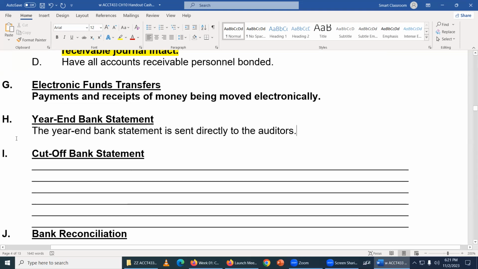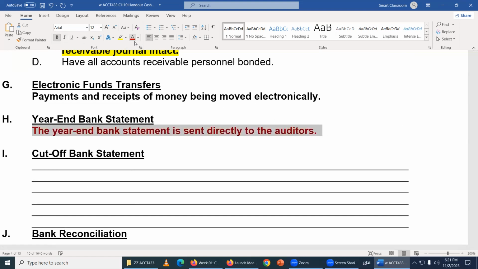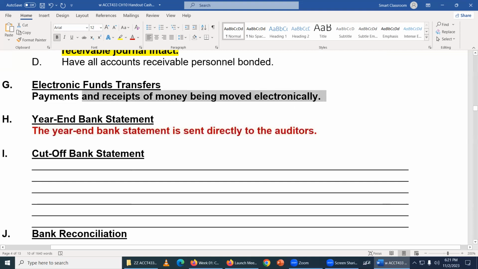This is one thing you work out with the client. It's a very common thing to have happen, that the bank will send the auditors the bank statement directly. They will not take the bank statement from the client.